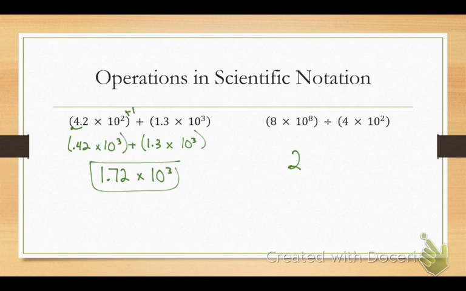And when it's division with exponents with the same base, what do I do? I subtract. A lot of times I'll see people try to divide this because they see division. But remember, this is quotient of powers, which means to subtract. 10 to the 6th power. So 2 times 10 to the 6th power.